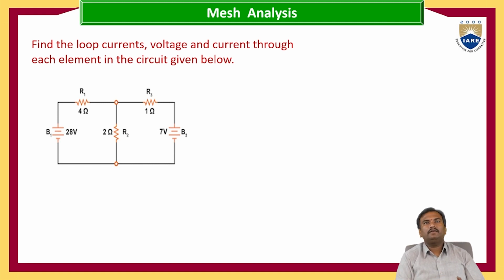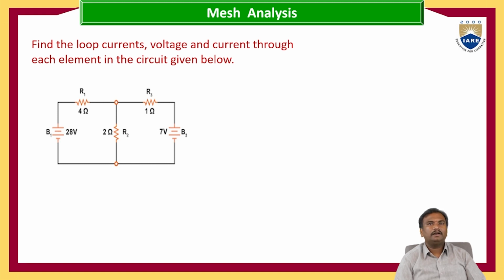We need to find the loop currents, and the voltage and current through each element in the given circuit. So first we calculate the loop currents, then we'll calculate voltage and current through each element in the given circuit. First we need to check how many loops are present in the circuit.